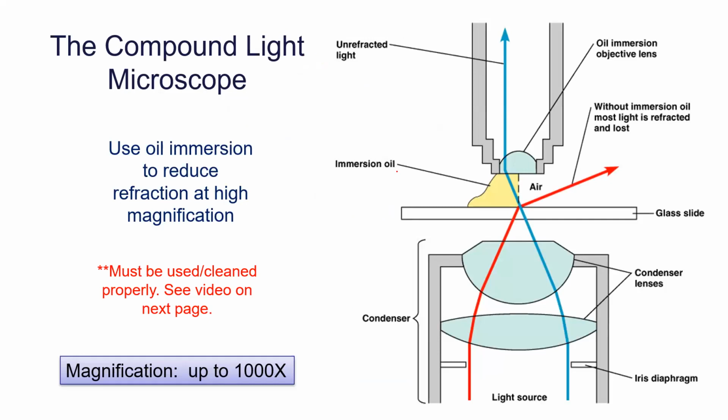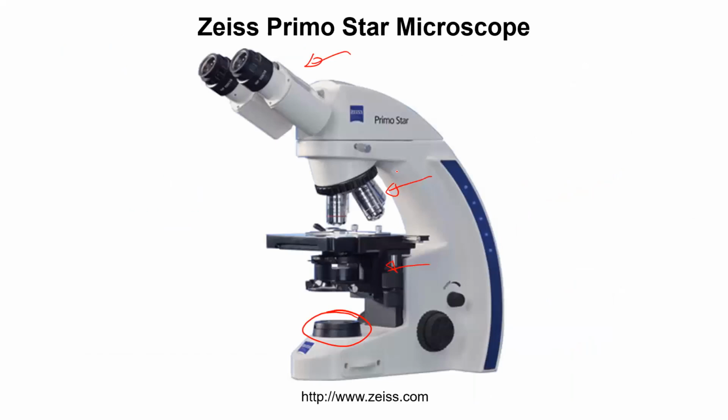One thing that we are going to get a chance to do in Lab 4 is a procedure called oil immersion. With this microscope here, some of you may have played around with the 100 times lens, which I'm not sure is the big one here, with the white band on it.